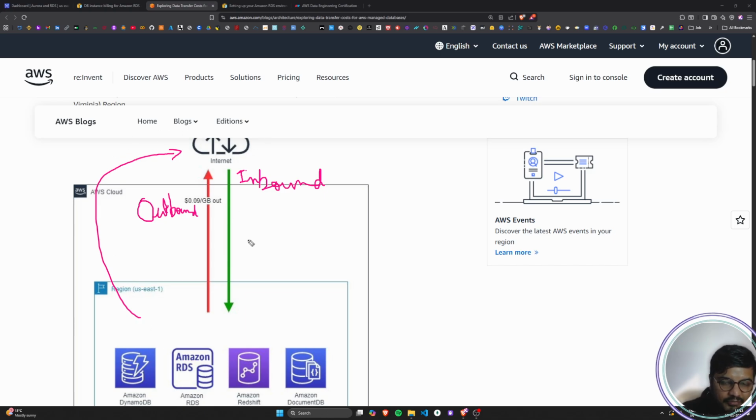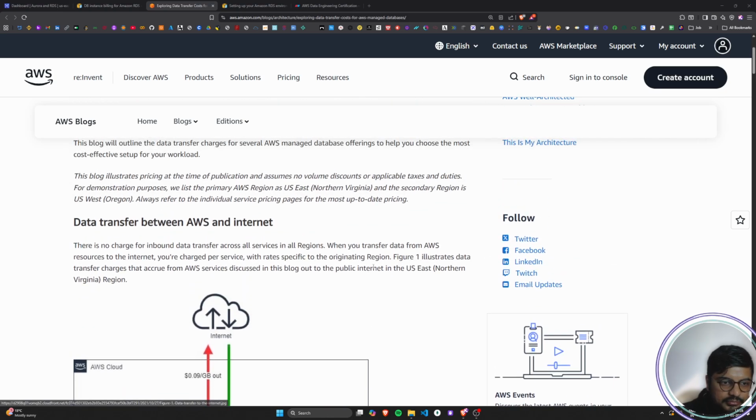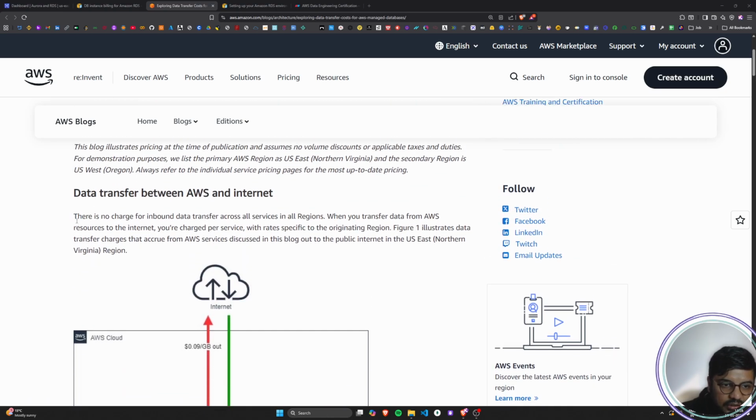If I say it in very clear words, we are getting charged for the video that you are watching. This is what outbound traffic is: from my database it is going to the internet, like you are watching this video. Okay, so there is no charge for inbound data transfer across all the services in all the regions.